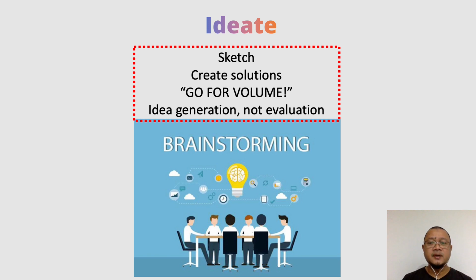The tool that we are going to use in this phase is brainstorming. In brainstorming, you have to go for volume. Try to generate as many ideas as you can based on the POVs that you have selected in the previous stage, which is defining.